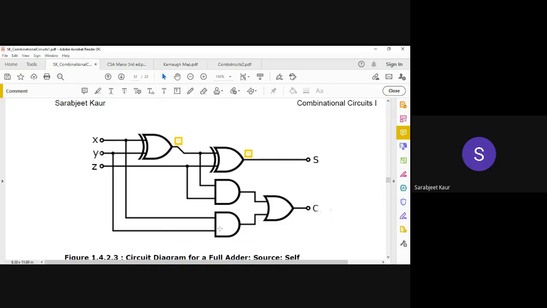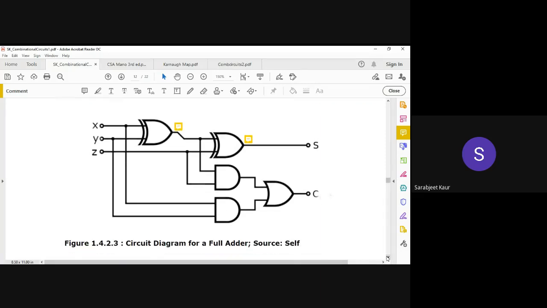Okay, and yz is missing here. Yz is missing here. So that also you must draw.